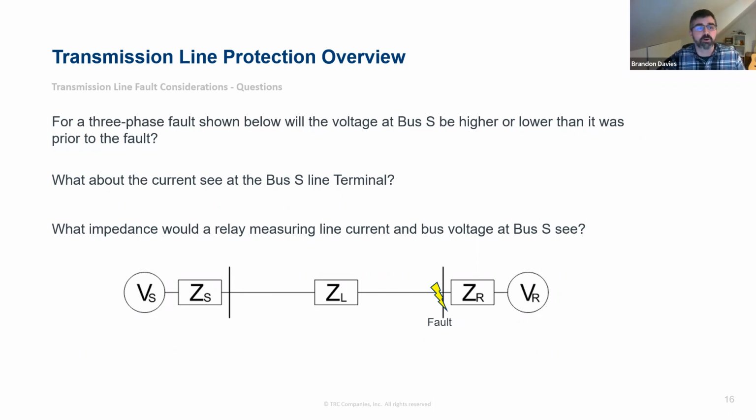What are they going to look like during the fault? What's going to happen to the voltage and what's going to happen to the current? And from that, what does the impedance look like? I don't know if anyone wants to venture a guess on any of those questions.